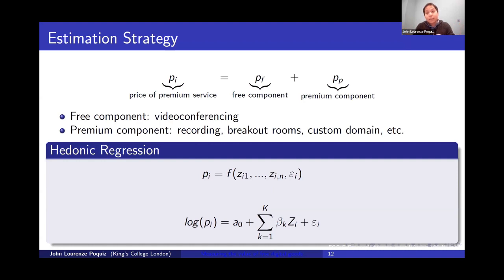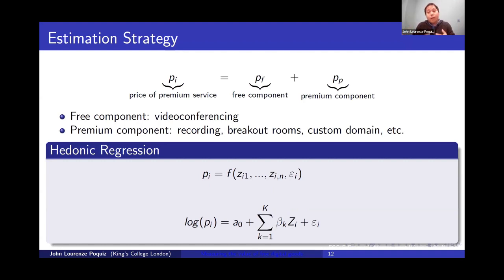So for example, in our context, we can think of the price of paid Zoom as our dependent variable, and we can have all the characteristics that are exclusive to the premium version in our regression.